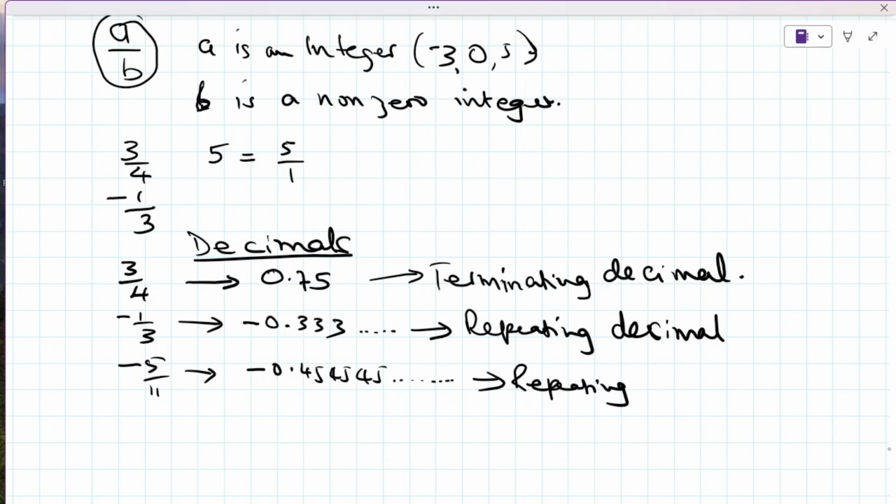So we can say repeating pattern decimal, because minus 5 divided by 11 gives you minus 0.454545 continuously.